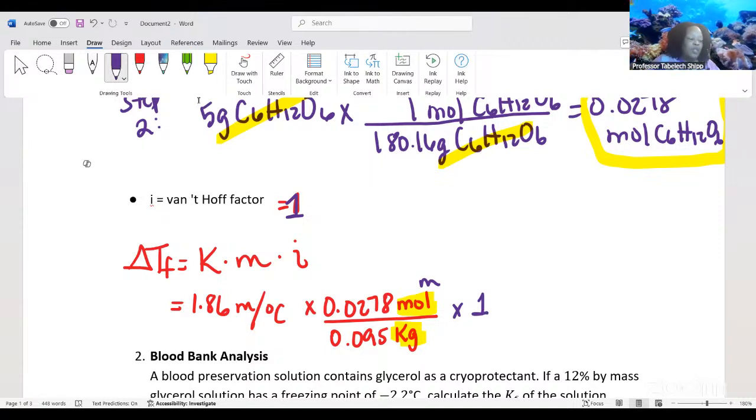So here it is again: 1.86 times 0.0278, and then divide that by 0.095, and we get 0.544 degrees Celsius. That is our answer for the first problem, 0.544.